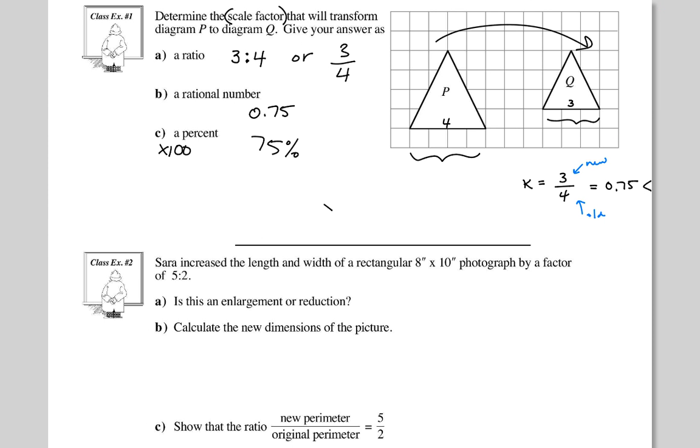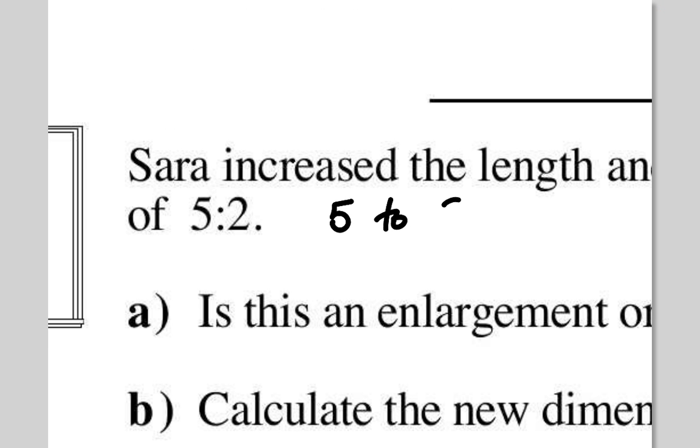Okay, Sarah increases the length and width of a rectangular 8 by 10 photograph by a factor of 5 to 2. Will that be an enlargement or a reduction? Remember, the first one is the new, the second one is the old.